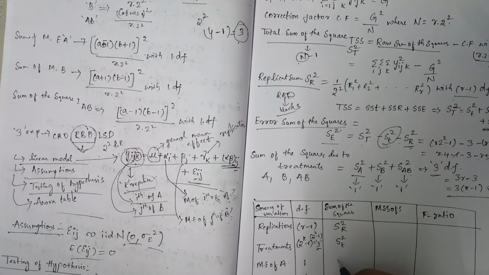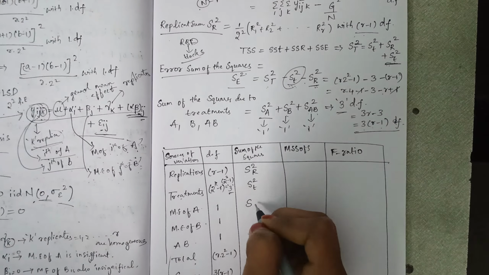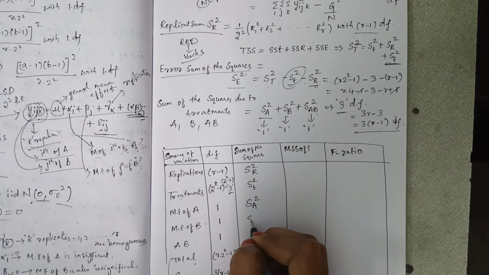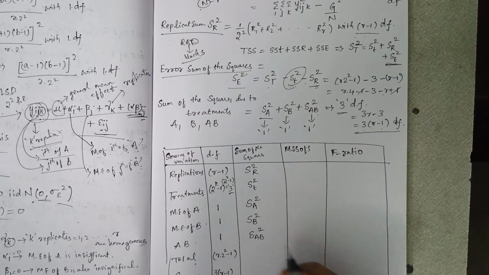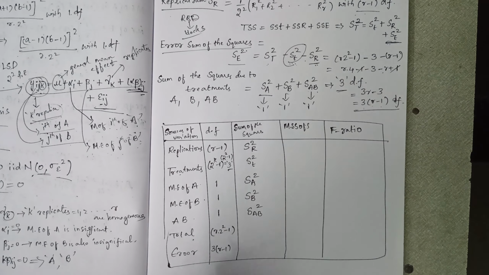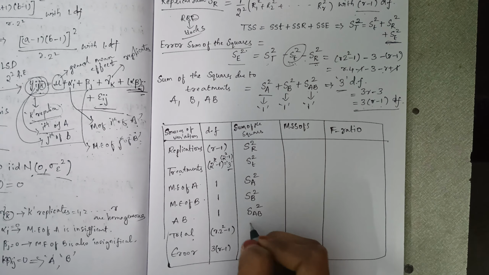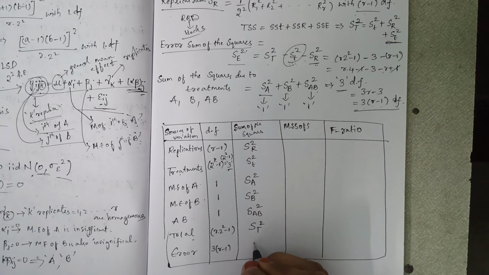So we can represent it as S square A, this is S square B, this is S square AB. And the total sum of the squares is represented as S square T, this is S square E.